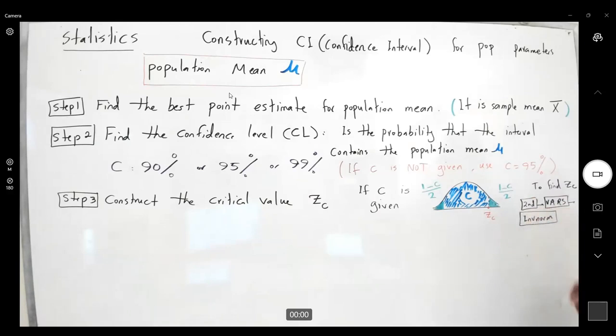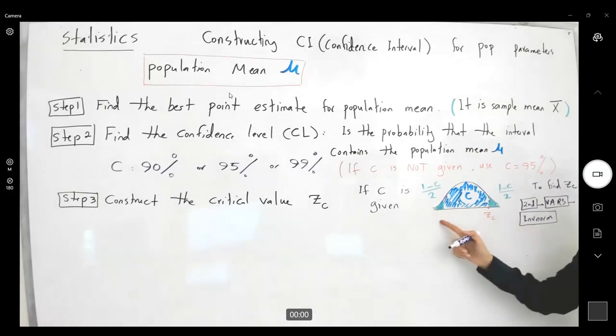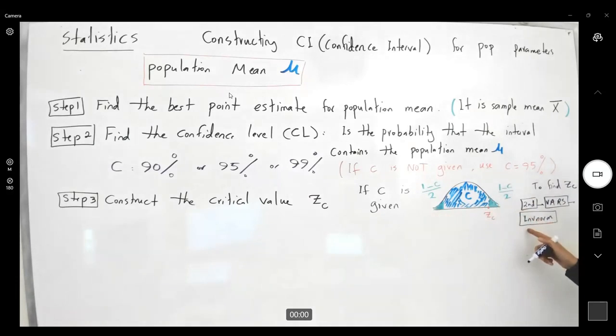Inverse norm, remember that? Last time we talked about the probability when we have the area, when we have the probability, you can easily find ZC by using inverse norm function in your calculator. So second, vars, inverse norm, and then you can find ZC.